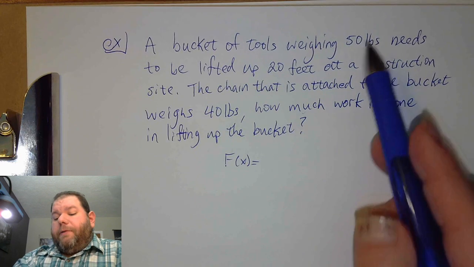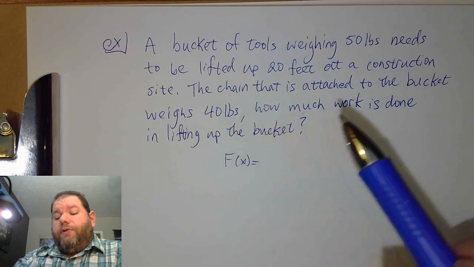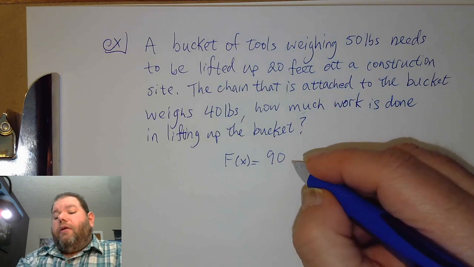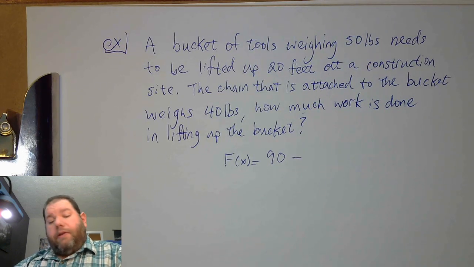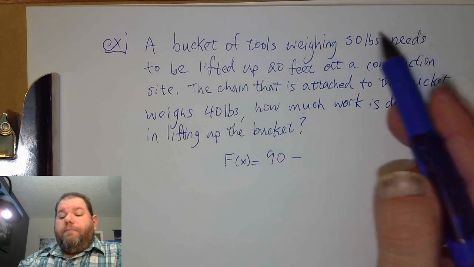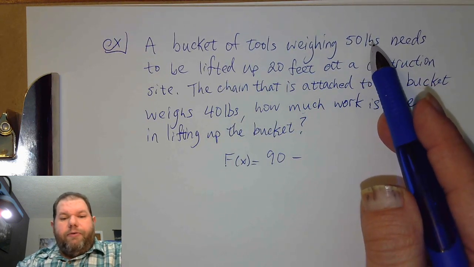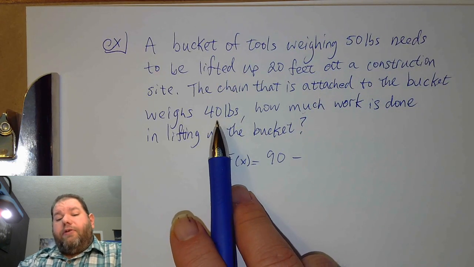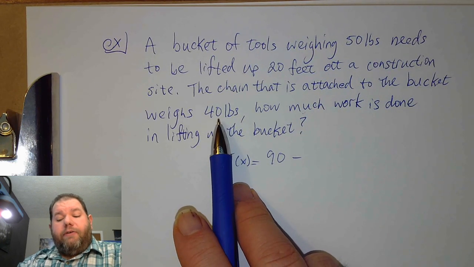Well, we know we have 50 pounds and 40 pounds initially, which is 90 pounds total weight to start with. But the bucket's going to stay constant. We don't have any holes in it. It's just going to be 50 pounds all the way up. But the chain starts off weighing 40 pounds.